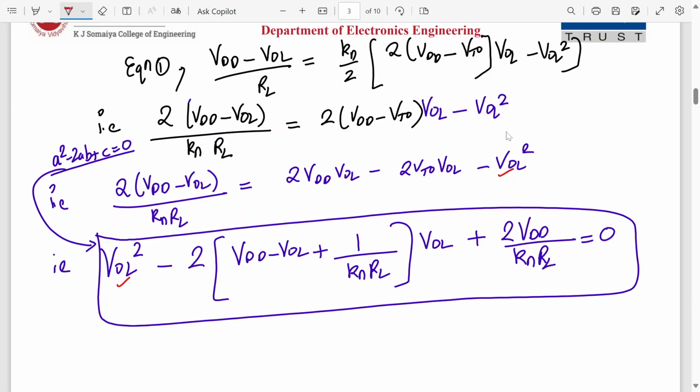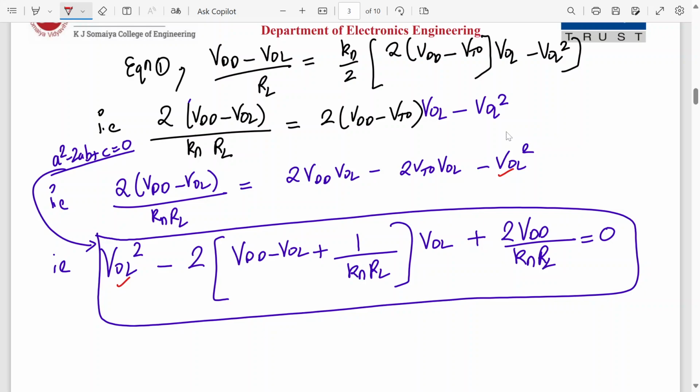So twice VDD minus VOL plus 1 upon Kn into RL into VOL. Where does this term go? So here it is twice VDD upon Kn into RL. This term is intact. Oh, okay.